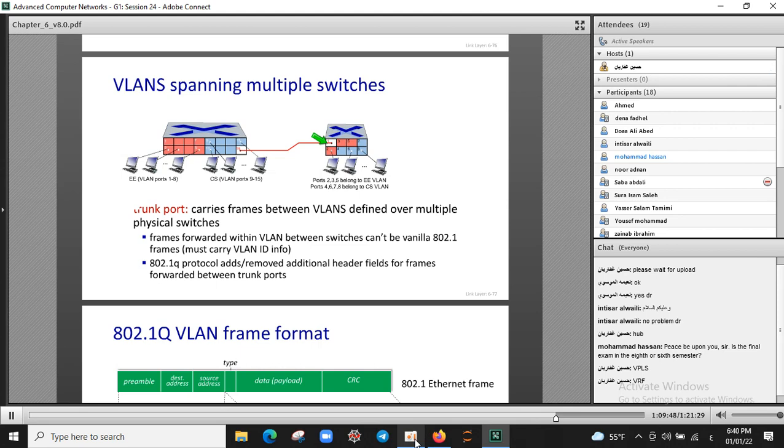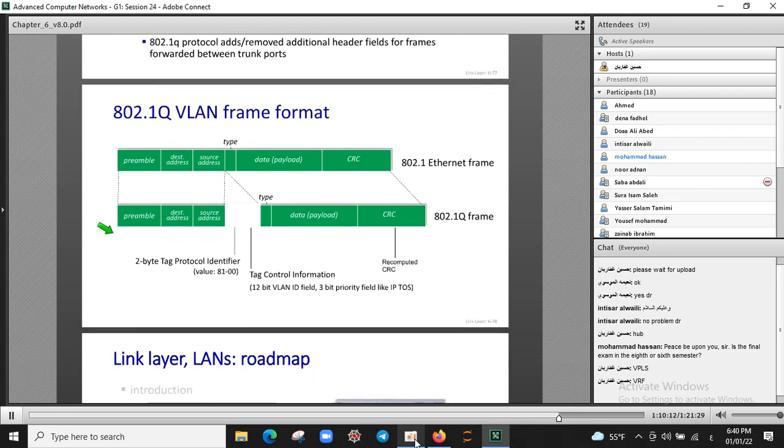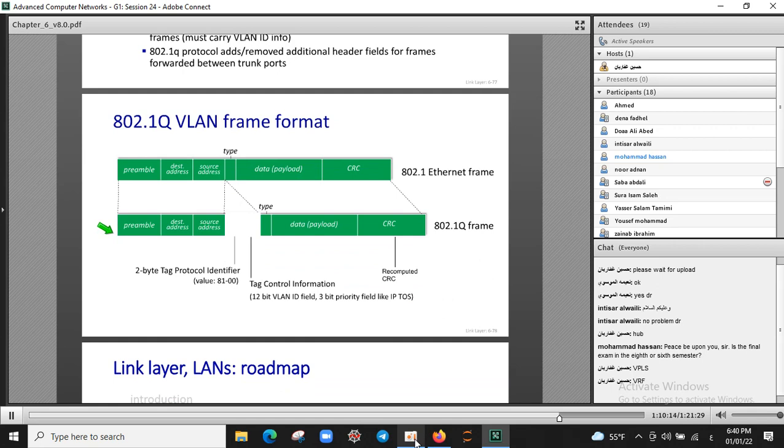But if we extend the span of VLANs into multiple switches, we have to use the 802.1Q protocol. We have to use this protocol.